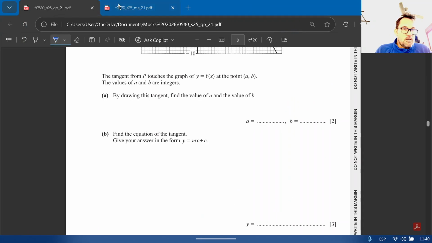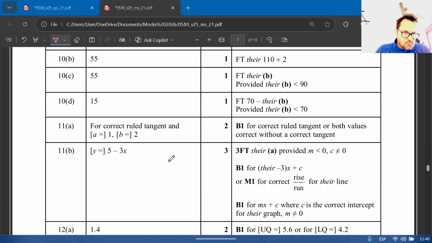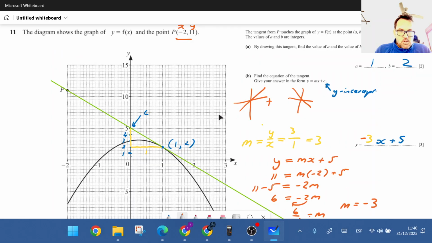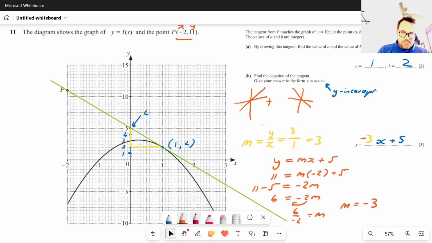All right, there we go. First one, 1 and 2. So they don't give a scope there. Okay, so yes, first question there, you get a mark for the correct tangent and a mark for that. If you don't have the tangent, you get 1 mark each here.